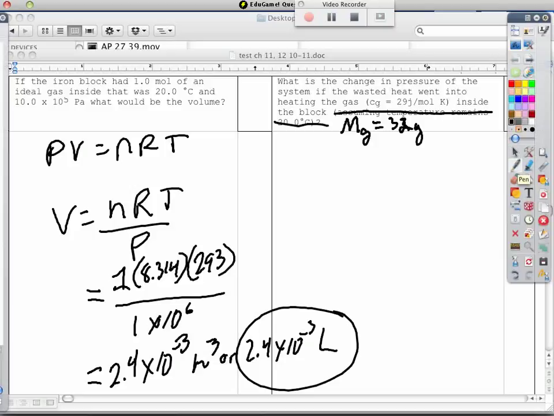Okay, so what is the change of pressure of the system if the wasted heat went into heating the gas? Well, where was heat wasted? Sadly this wasn't a very good question. It's kind of vague. Is it the heat that was lost per second in part A?